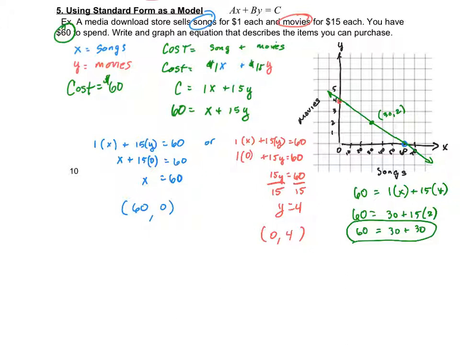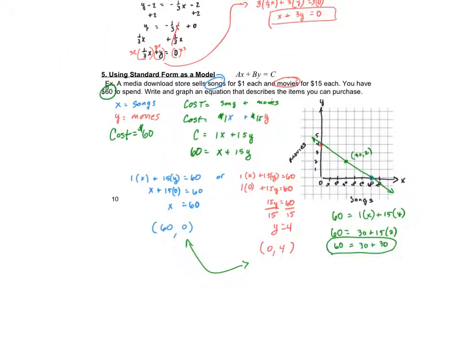So that's graphing, and of course these were my intercepts. That's why I was able to graph them. We calculated our 2 intercepts and graphed them, and we're able to connect 2 points with a line, and there you go. That is using the standard form of an equation.